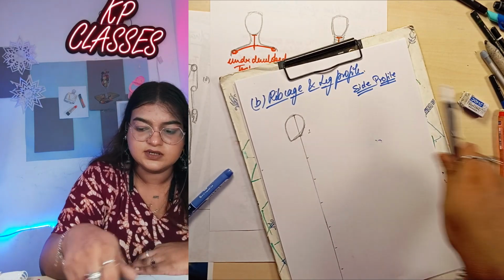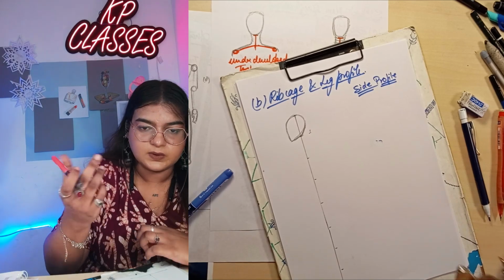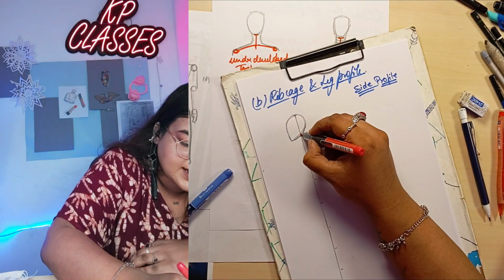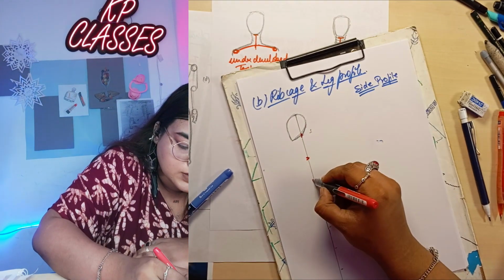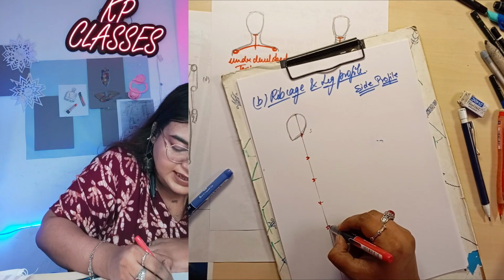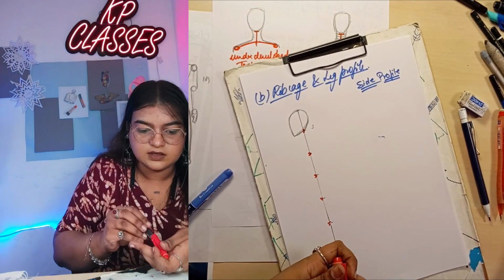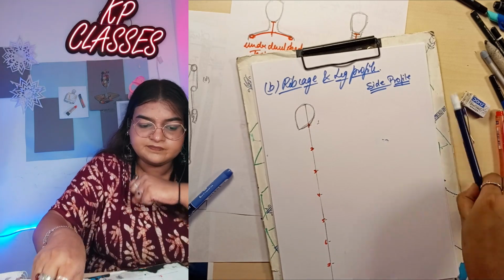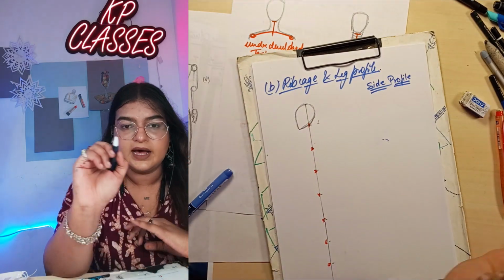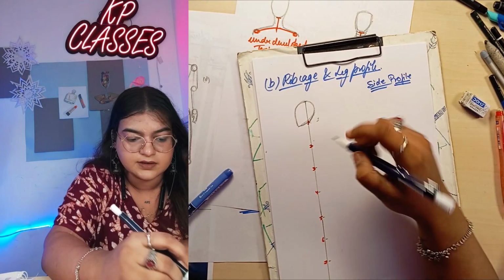So as usual, we will mark the pointers one so that you can have better understanding. 1, 2, 3, 4, 5, 6, 7, and 8. So in 1 and 2, our neck will end, right?